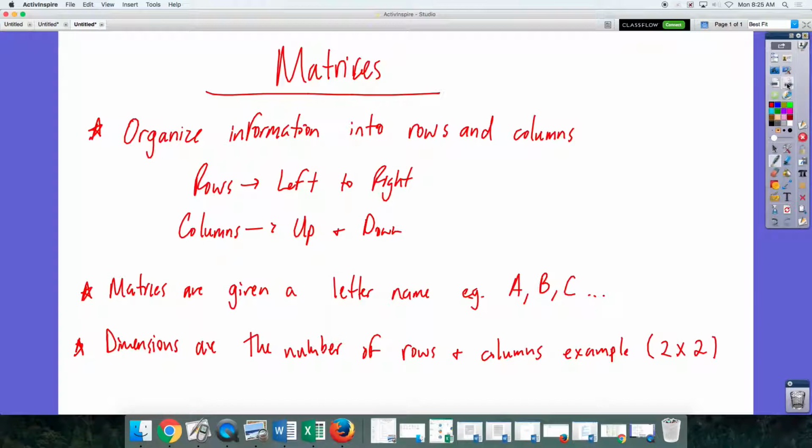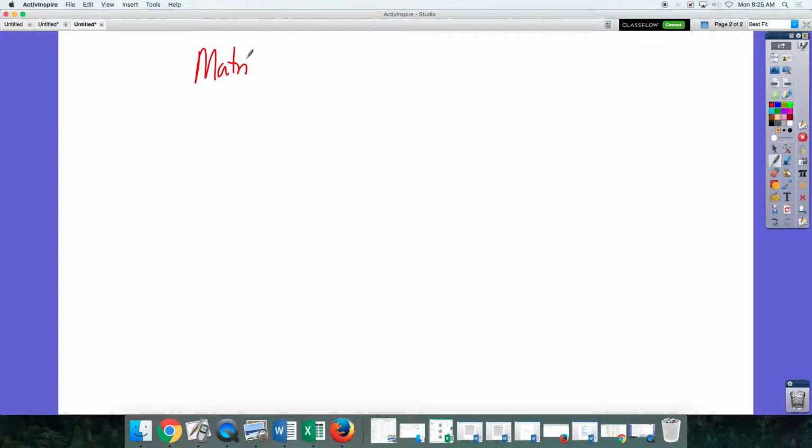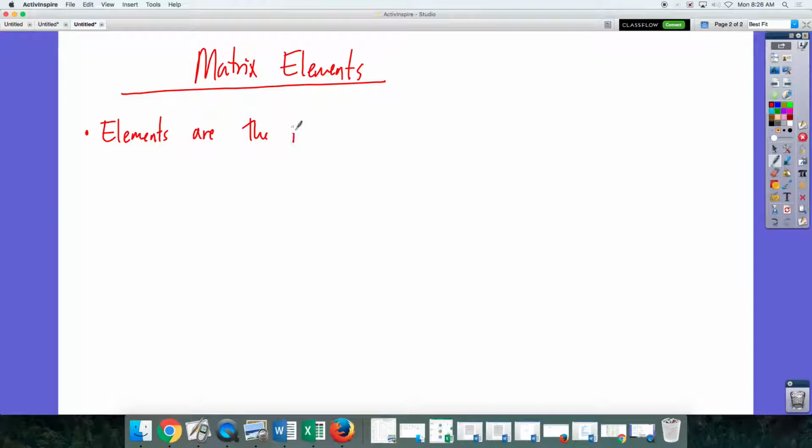All right, let's talk about matrix elements. Elements are the individual pieces. Each individual number, or whatever is inside your matrix, could be letters. Each little individual piece is called an element.